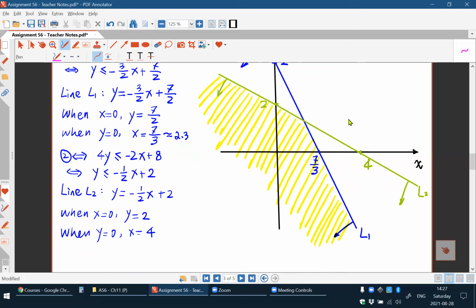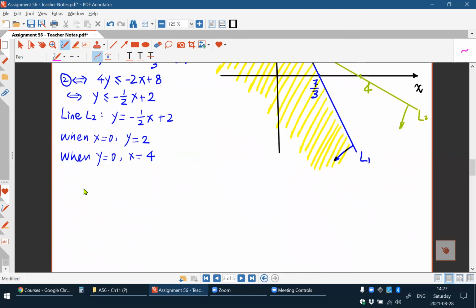So let's use another method. Let the target function x plus y equal m, and our target is to maximize the value of m.